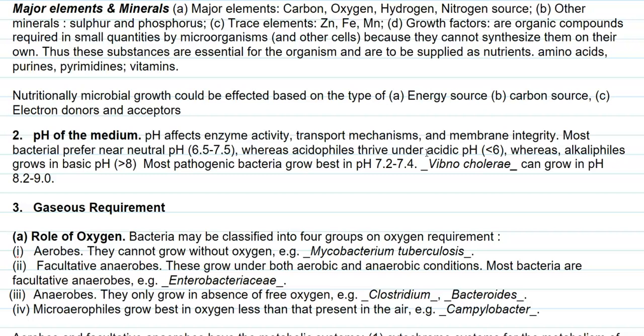An exception is Vibrio cholerae, a common pathogen in humans and other mammals. It can grow in a pH of around 8.2 to 9.